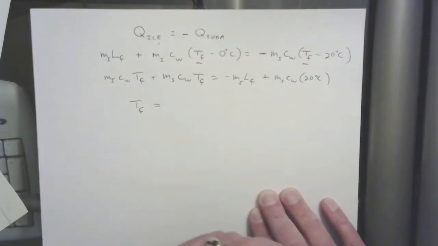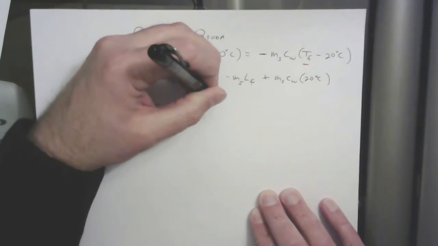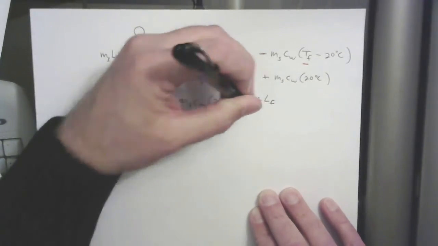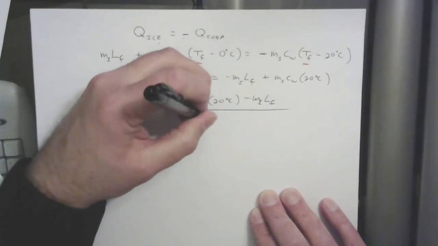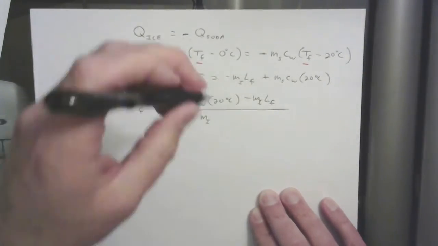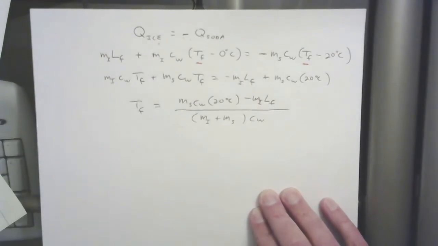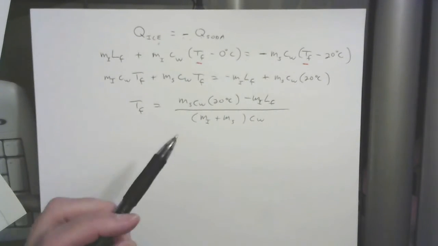So we'll take this whole side over here, maybe get things switched around, 20 Celsius minus MILF, and then we divide by this stuff, MI plus MS, all times CW. Well, this does give you the answer, and it ends up being 13 degrees or something like that when you plug the numbers in, because we know all these things.